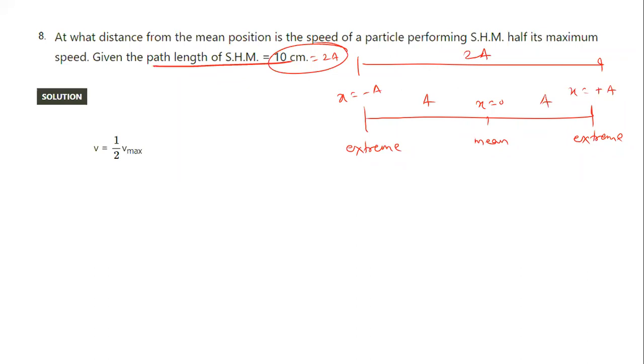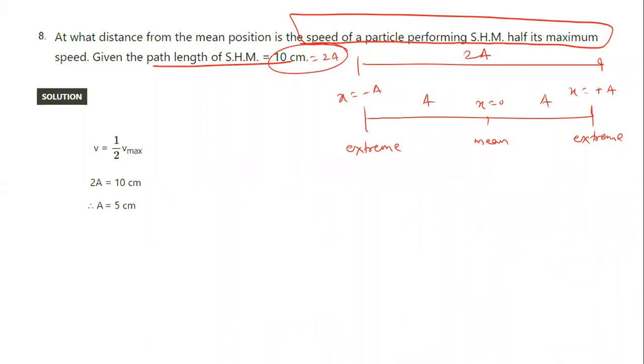You can see here the given condition, speed is half the maximum speed. So speed is equal to 1 by 2 Vmax. Now we substitute the formula of V and the formula of Vmax. Then we cancel the common term. A is 5 here. So we substitute the formula of V here and Vmax, A omega, again this divided by 2 as it is.